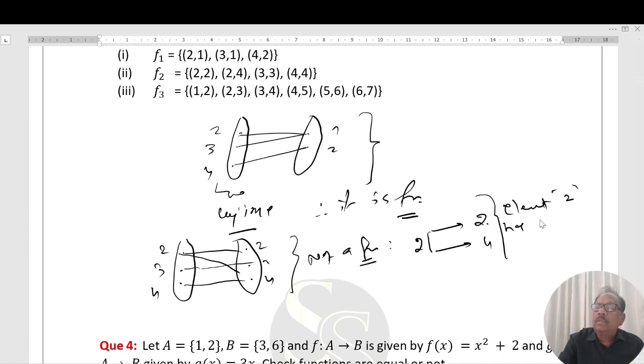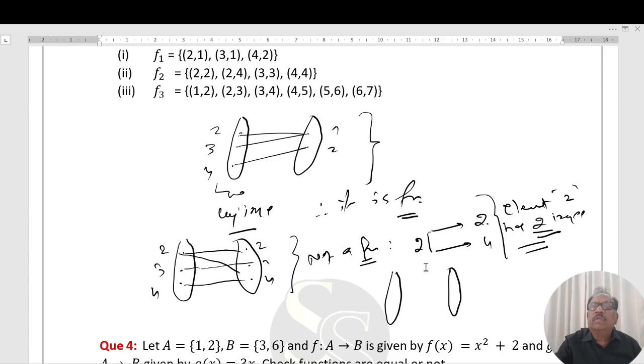According to the definition, a relation will be a function if each element of this has a unique image. यानी कि one element will be occupied with the one element, right? In this case, it is occupied with the 2. Therefore, it has no unique image, it has two images. Therefore, it is not a function. Next, third one. Third part.